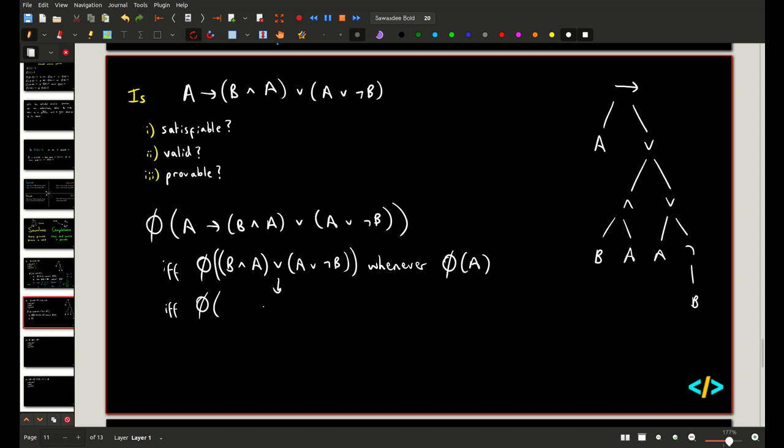What would we turn this into? How do you break that down? Yeah, if either phi of B and A or phi of A or not B, whenever phi of A. Okay.